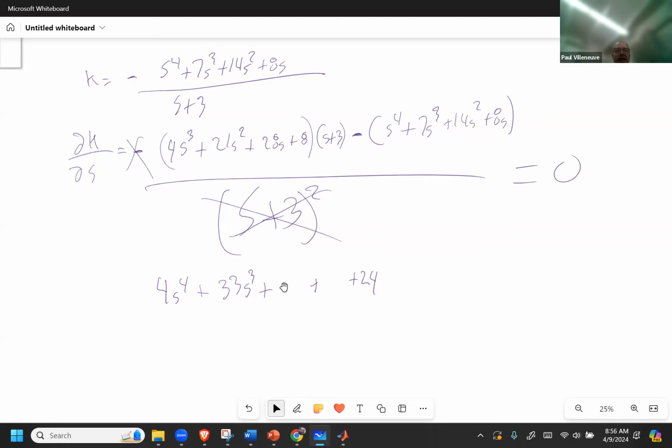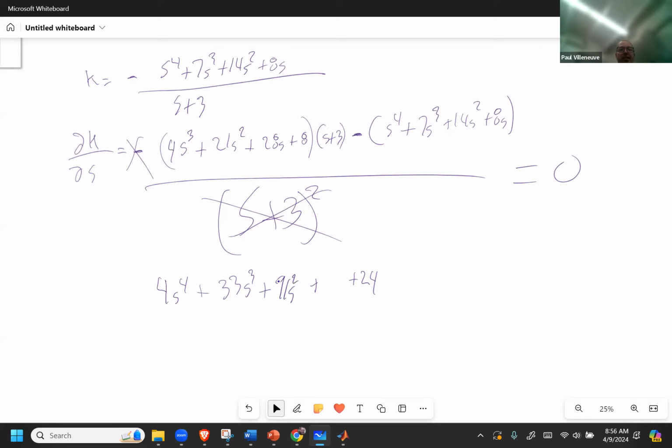So 28S squared plus 21S squared, right? Yeah, it's 21S squared. Oh, you're right. 63. So 63 plus 28 is 91. All right, so we got the 91S squared.